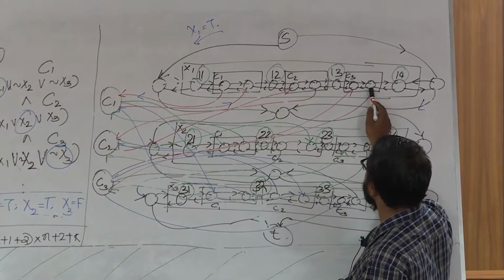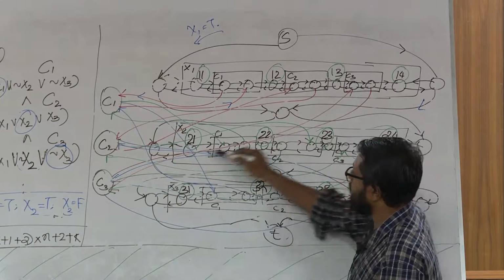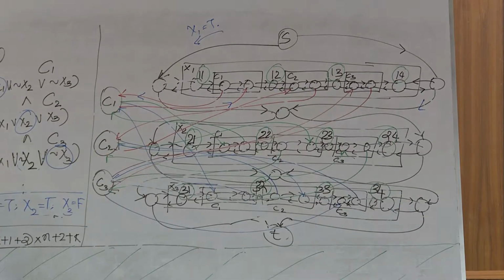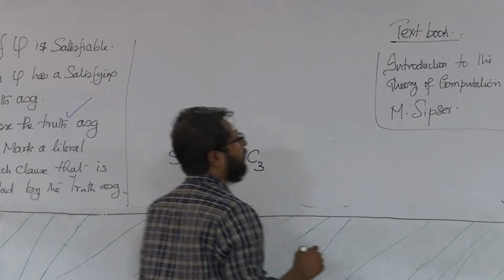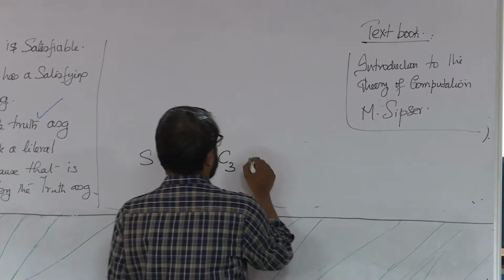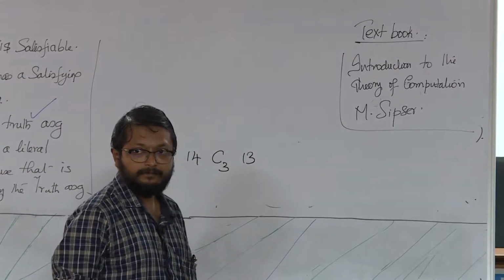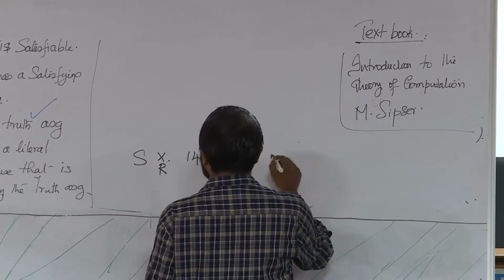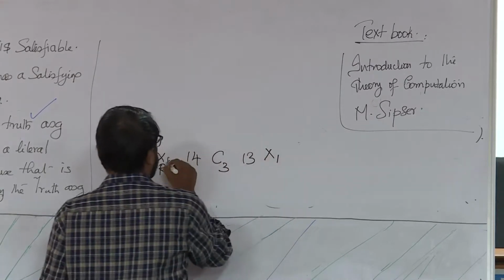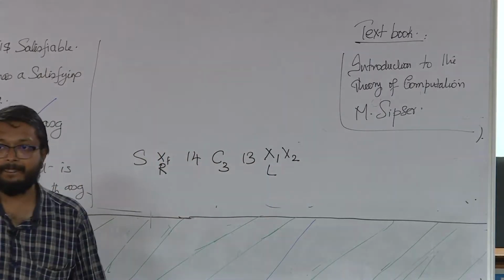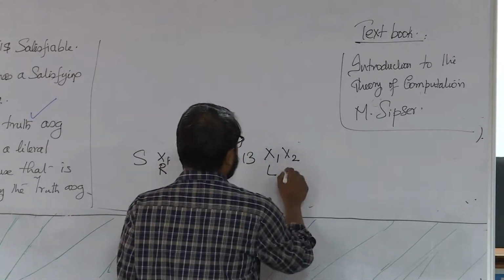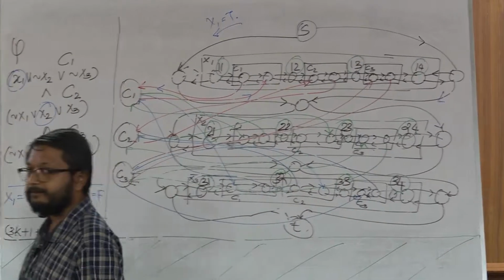And then from there you go to C3, so I'll reach 1 4, then cover C3 and come back to 1 3, and then you reach x1's left, and then you enter x2. Which way? Let's say you are entering x2 from left.